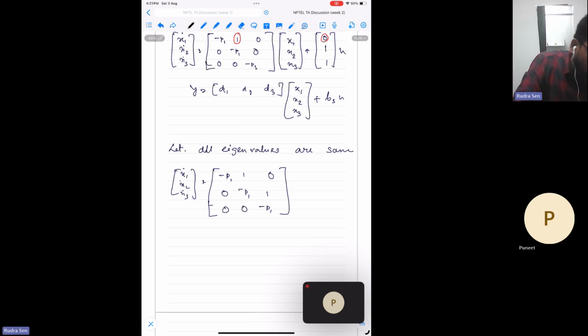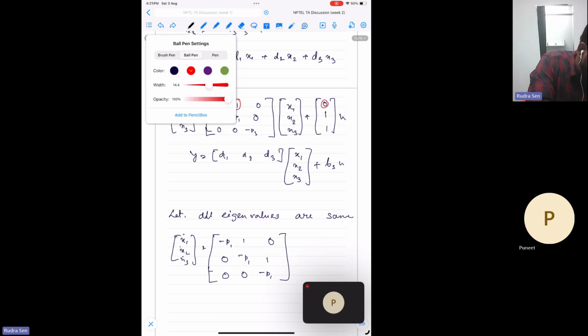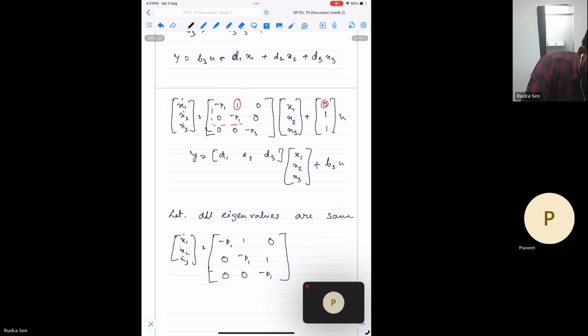Okay. So here, this one is one Jordan block and this one is another Jordan block.